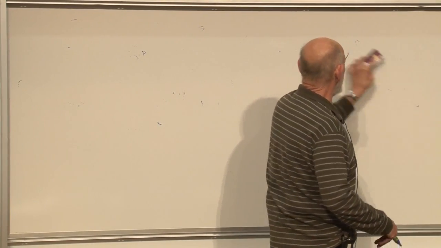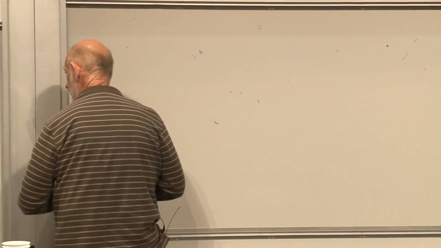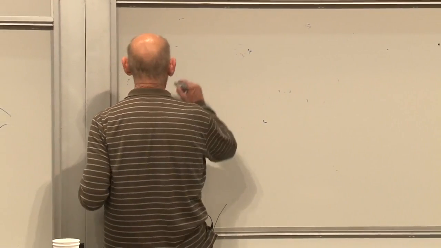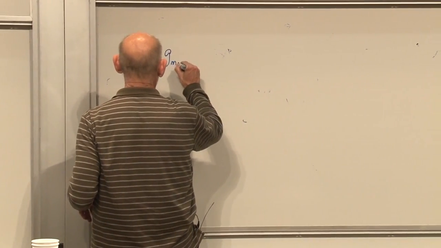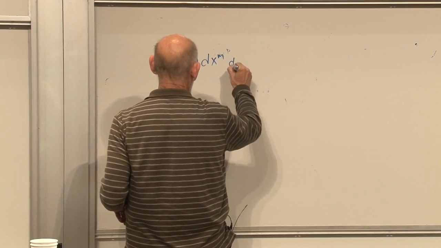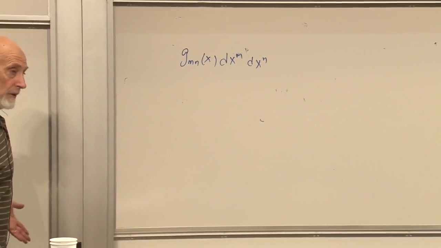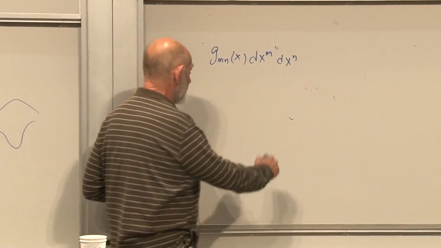All right, so the length of the little dx vector, I'll write it again, the squared length is g_mn(x) dx^m dx^n. But now let's go to the y coordinates, the primed coordinates.